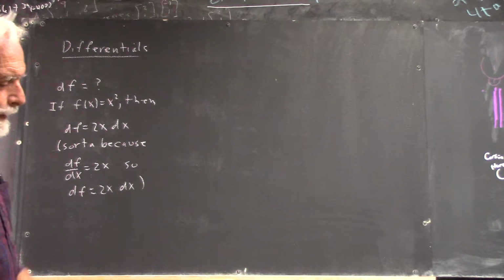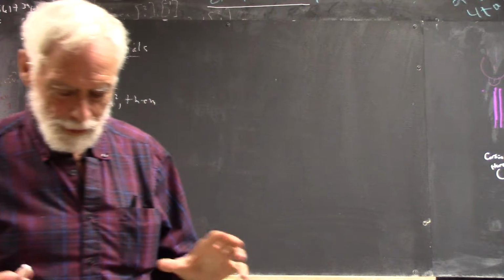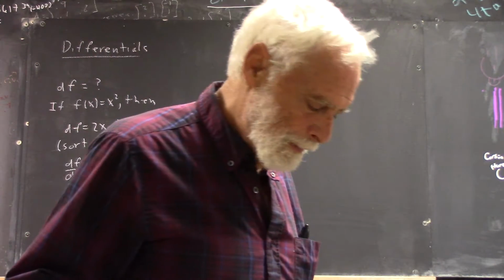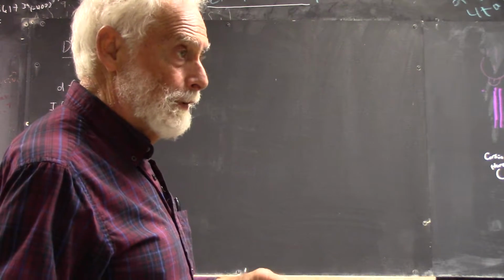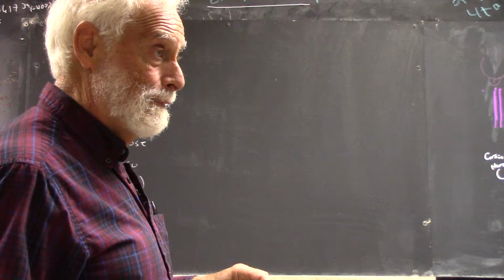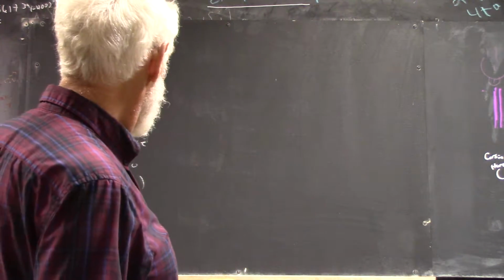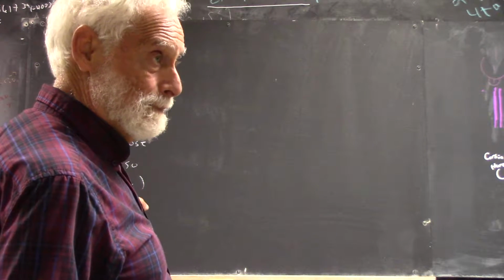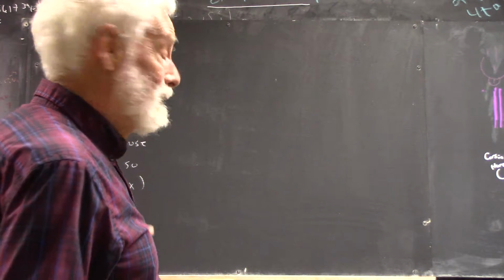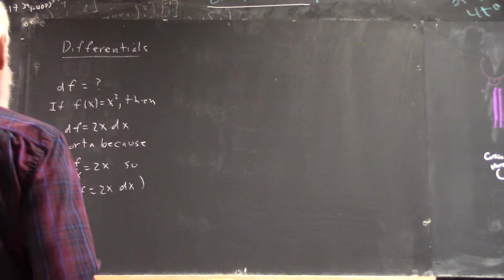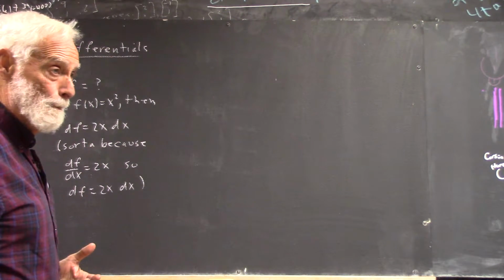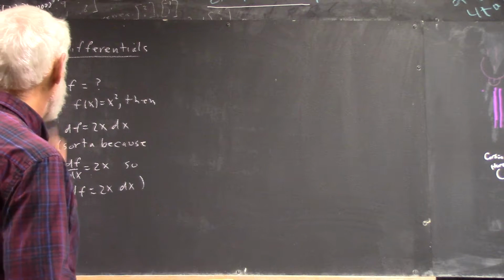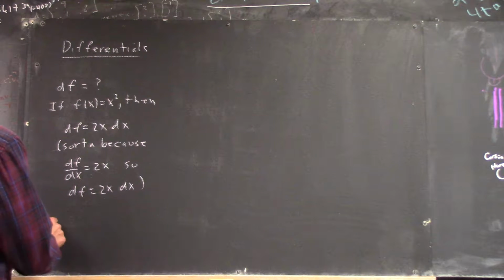Except that, and this is something that I really want you to wrap your heads around now. One of the few things that you do in multivariable calculus that is important for differential equations is the differential of a function of two variables. So we could define it.